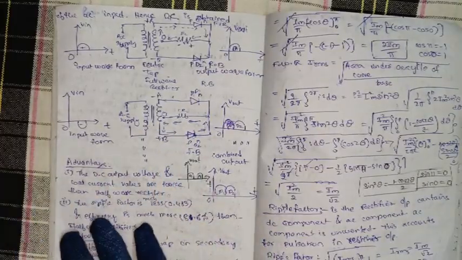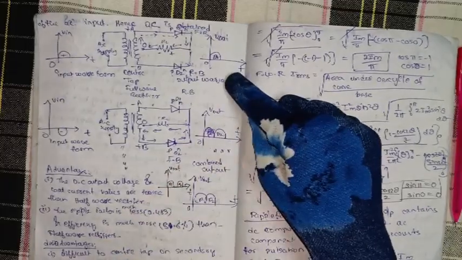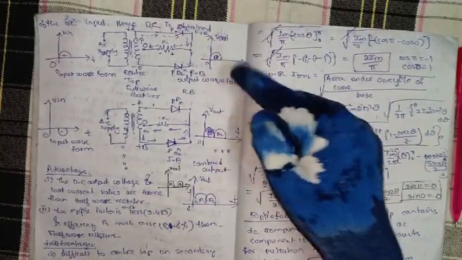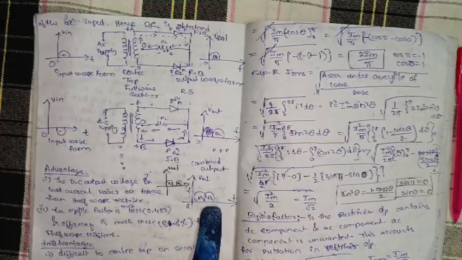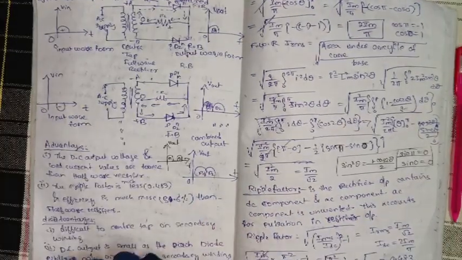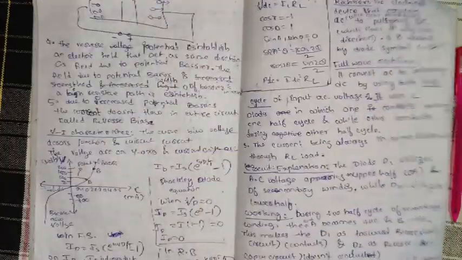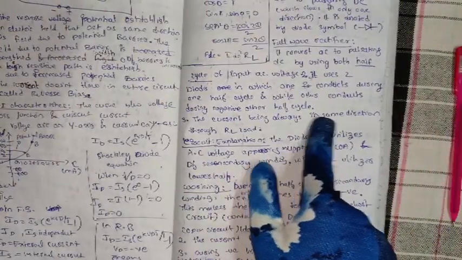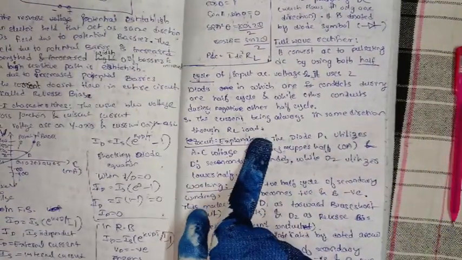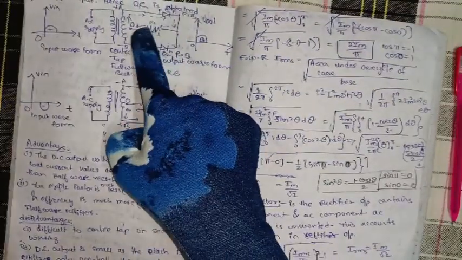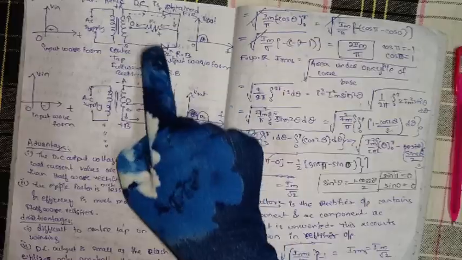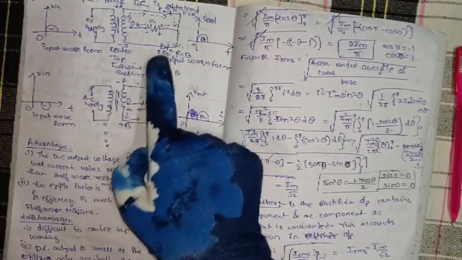So the combined output is from D1 and D2, with the current always in the same direction through the RL load. The current direction is the same through the RL load here also.